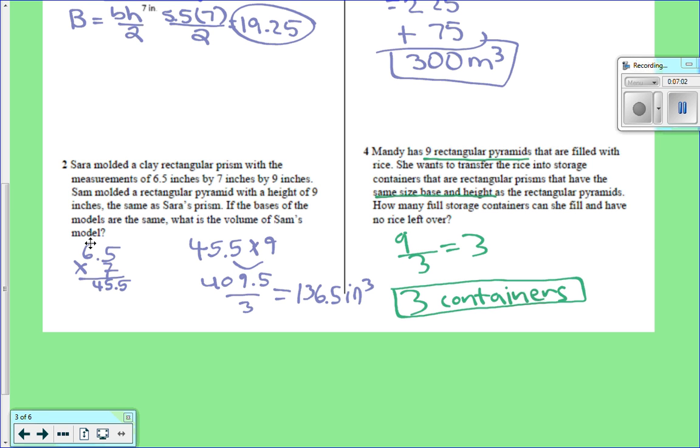That's perfect. 3 containers, one big clap. 1, 2, 3. Questions?